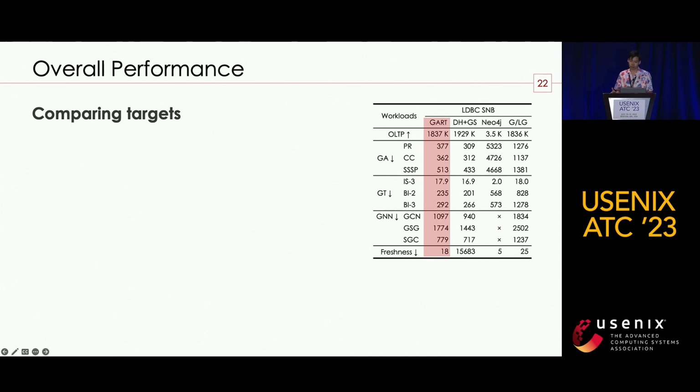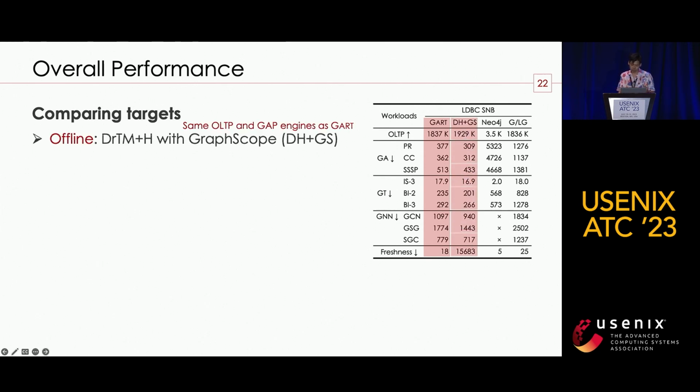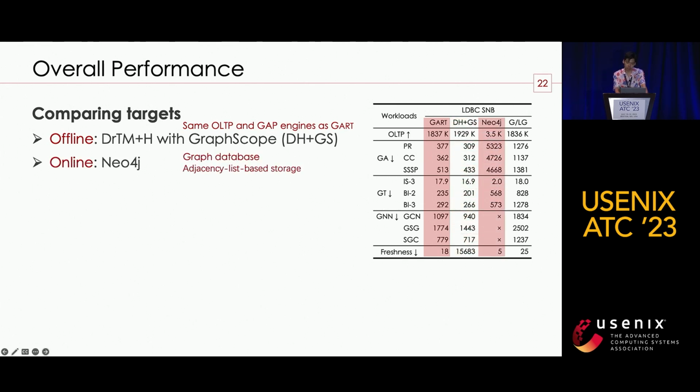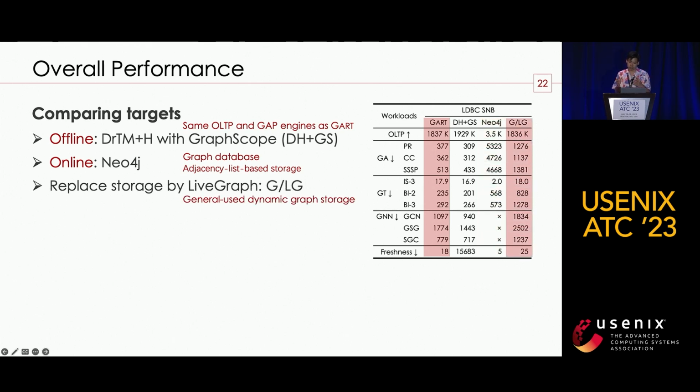For the online solution, we choose the graph database called Neo4j. Neo4j uses adjacency list-based storage. To further investigate the impact of storage optimizations on GAT, we replace the GAT storage with the state-of-the-art dynamic graph storage called LiveGraph.